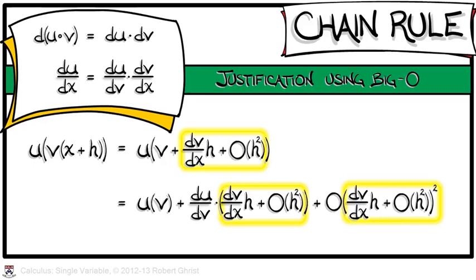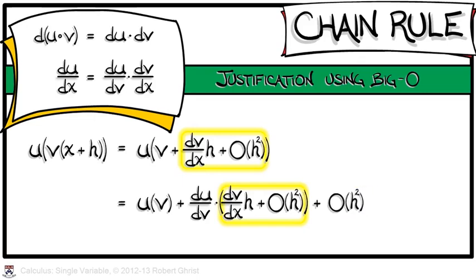And now, here comes the final steps. If we look at that big O on the right and view it as a function of h, then, squaring everything in sight, we see that everything has powers of h that are at least 2. And so we can replace that by a big O of h squared.